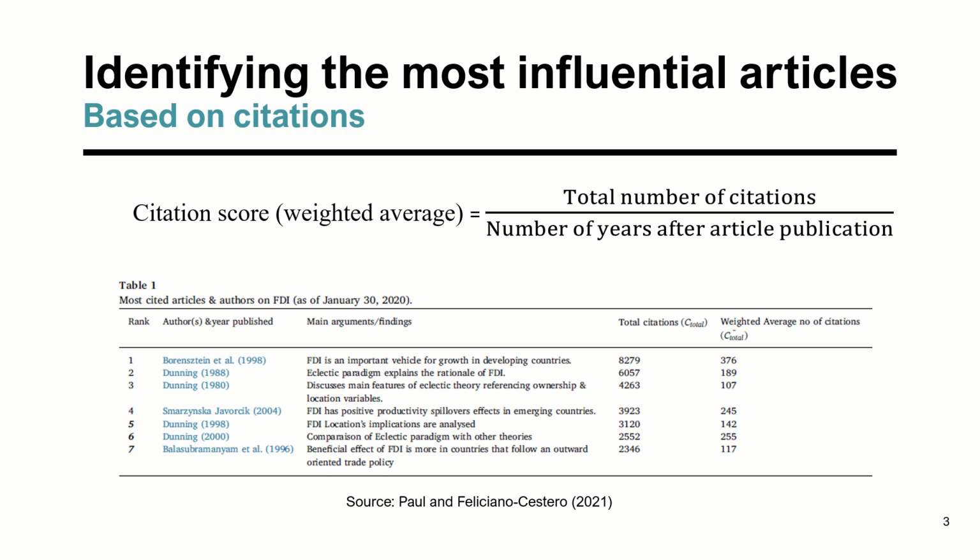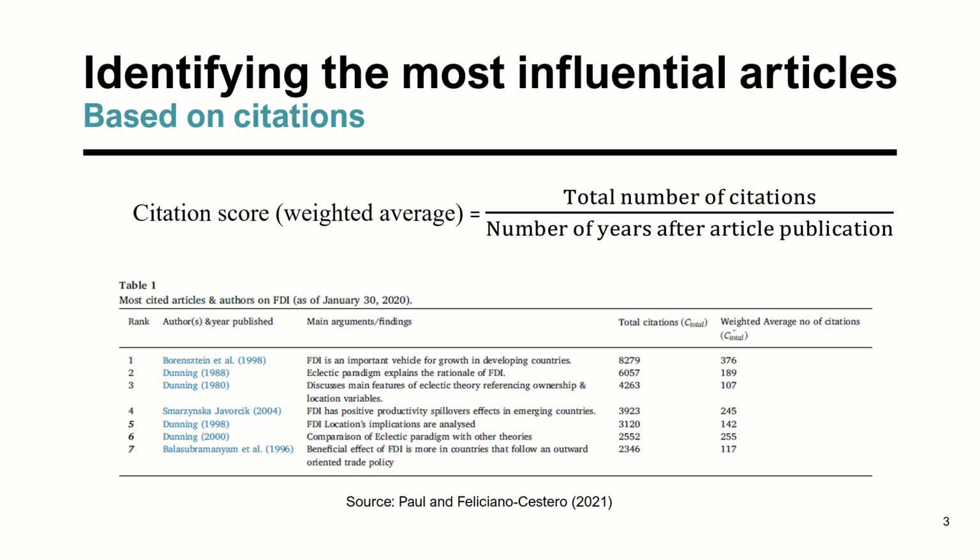Now, if you look at this Paul and Feliciano Sister 2021 article, you will notice that these are the seven top articles, with the citation score being the highest for the first one and lower for the seventh. What they've done is to capture the total number of citations and years as on Jan 30th, 2020, from 1998 to that date. And that's the way in which they've arrived at a citation score or a weighted average number of citations.